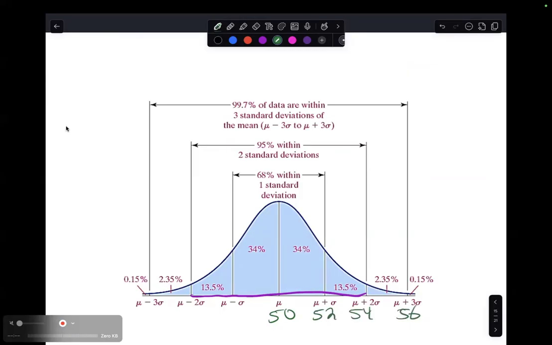So you just label your drawing with whatever the data is you're using, and then it can help you to pull the percents off of the diagram.